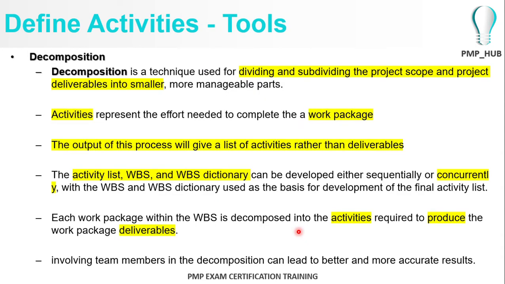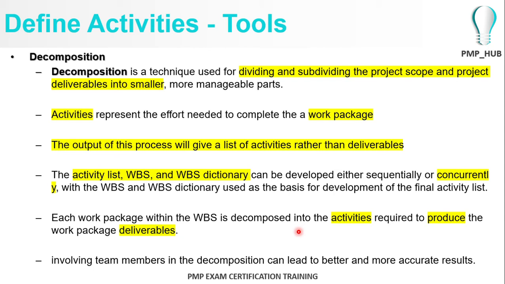As I mentioned earlier, the tool which can be used in defining activities is decomposition. Here you take the work breakdown structure, the work packages, the minimum package that we defined under scope management, and divide and subdivide it into smaller and smaller manageable parts.